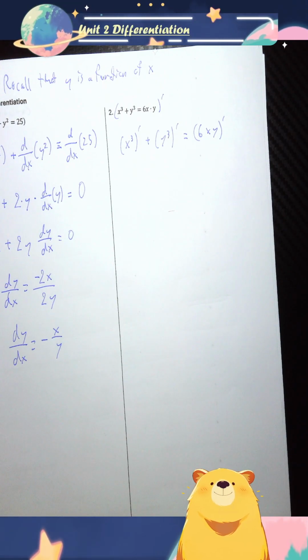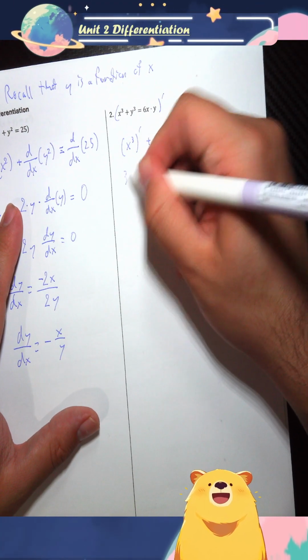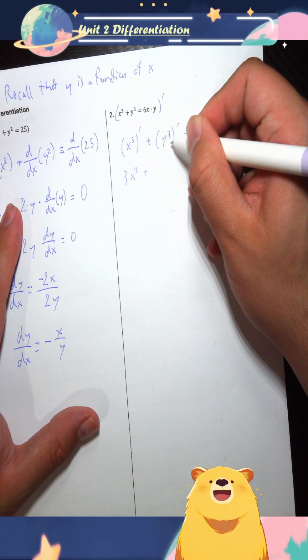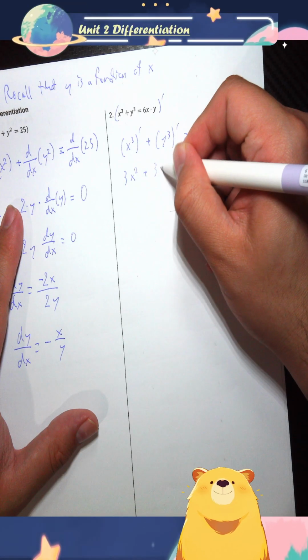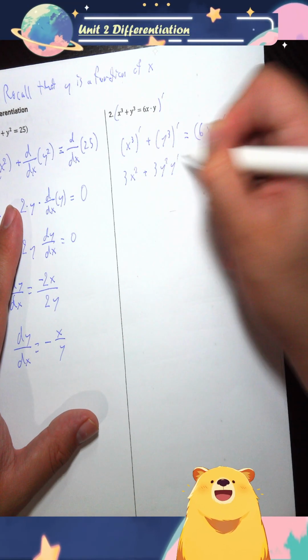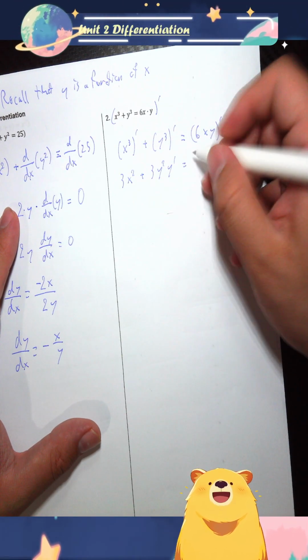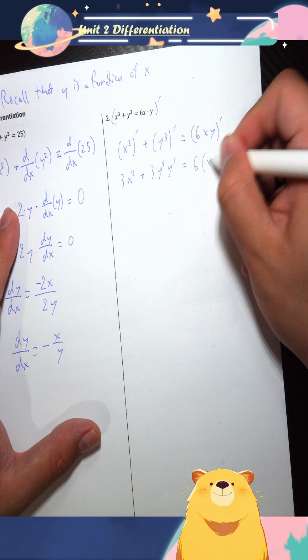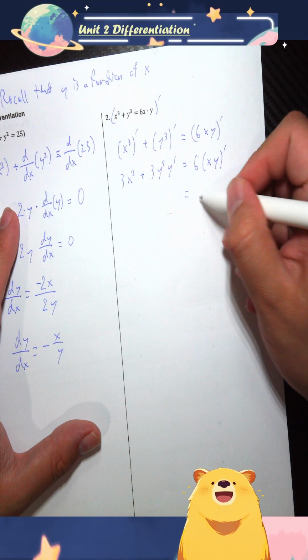Okay. Well, going from left to right, we know that is going to be 3x squared. This is a combination of chain rule, so we have 3y squared y prime. And then first the constant escapes, and then that's just going to be product rule.